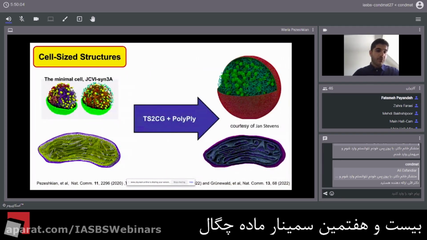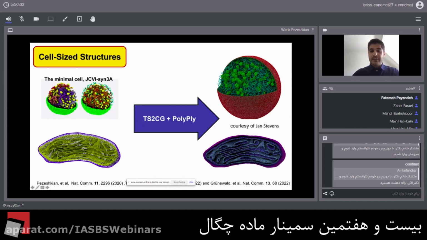And now we are actually moving toward simulating a minimal cell. This minimal cell exists, and there has already been a kinetic-model-based simulation of it, in which they see the division using this kinetic model. But now we want to have a simulation at the molecular scale.